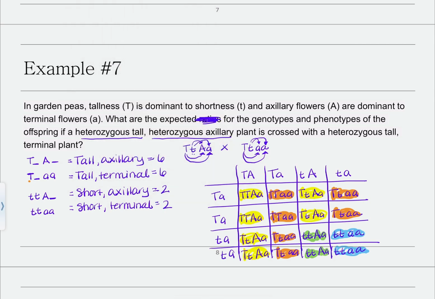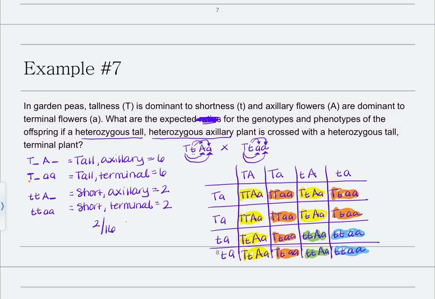Okay, so remember this is out of 16. When you see your answers, if for example you're asked what is the probability from this parental cross that we just did of getting a short and terminal plant, your choices would not be 2 out of 16. You are not going to see 2 out of 16 on your exam.